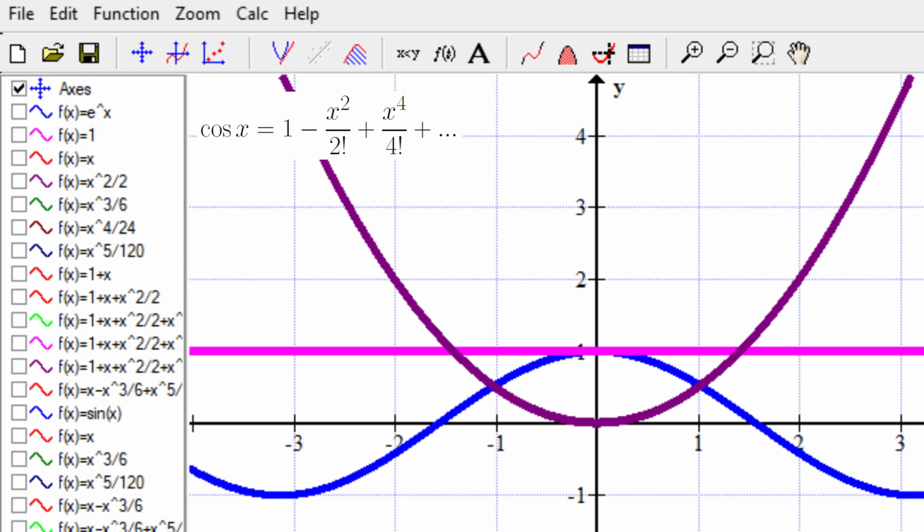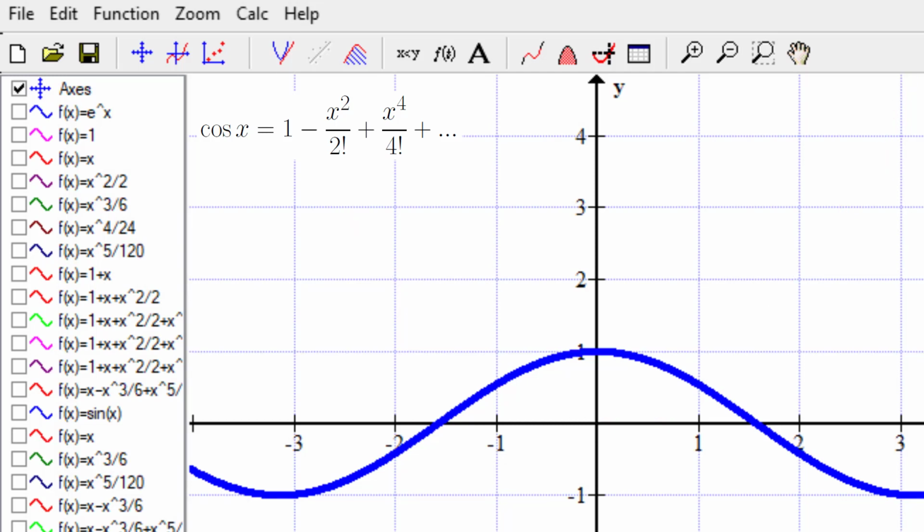But now if we just add the two terms from this expansion, which is f of x equals 1 minus x squared by 2 factorial, these are the first two terms. So let's see. When I plot 1 minus x squared by 2 factorial, you can see that it is now taking the shape of the cos function.